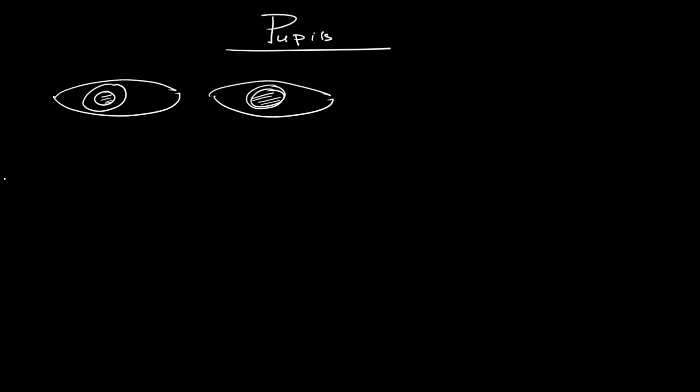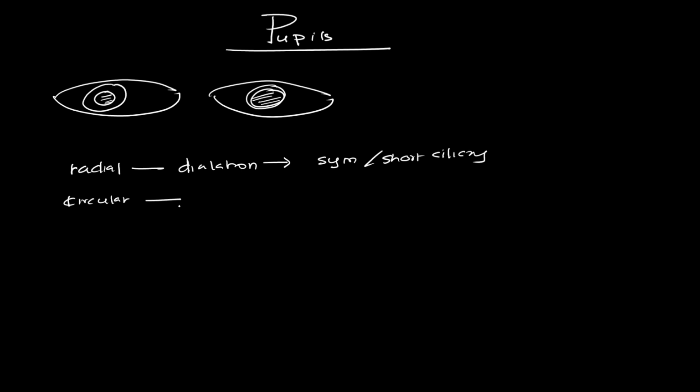Now, if you can remember your physiology, the pupil has radial muscles and circular muscles. The radial muscles cause dilation, which is innervated by the sympathetic nerves, which come through the short ciliary nerve. So sympathetic, short ciliary. The circular muscles cause constriction.